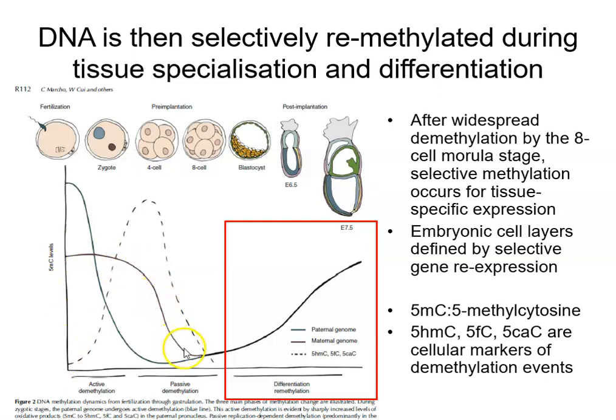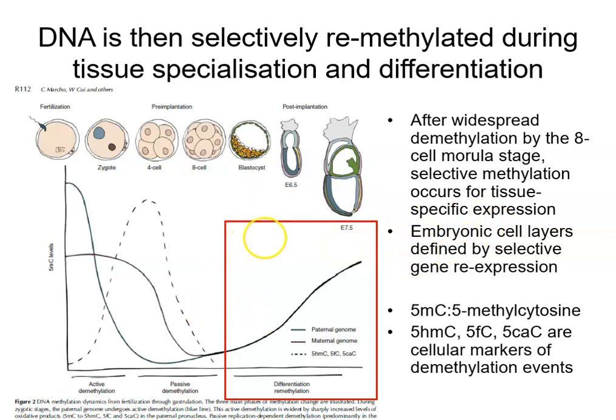That is, the methylation patterns are just not copied across, so you go from 100% down to about 12.5% when you get to the 8-cell stage. And what you see here, in this little dotted line, are markers of breakdown products of 5-methylcytosine, which we can detect in those first few days, showing that there are some changes to methylation status. I won't worry too much about those, but the point is that you can see those occurring.